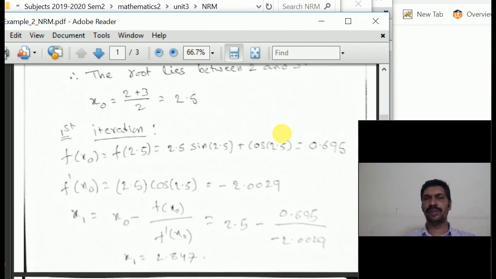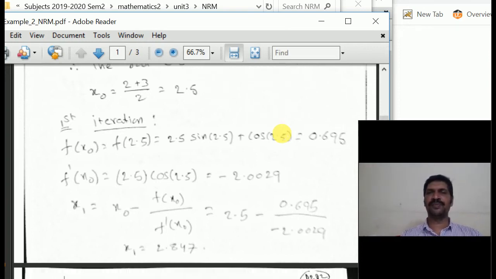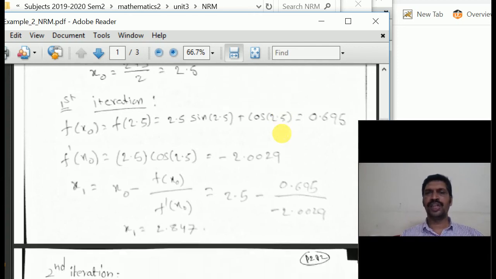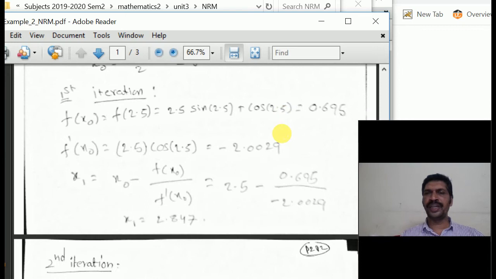In the Newton-Raphson method, the general formula is xn plus 1 equal to xn minus f of xn by f dash of xn. x1 equal to x naught minus f of x naught by f dash of x naught, that is 2.5 minus... in the previous two steps we computed those values. Therefore, x1 equal to 2.847.